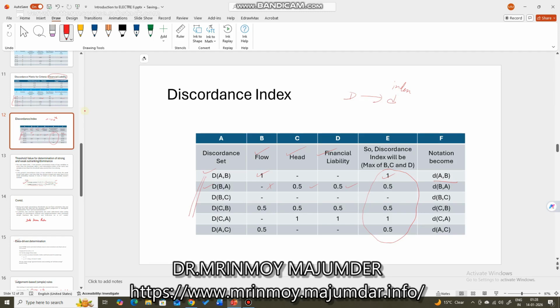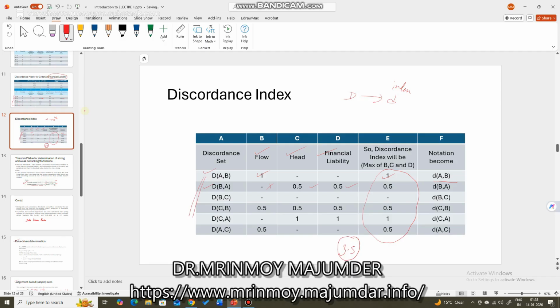And for the judgment based method, they add all the discordance index values. For our case it is 1 plus 0.5 plus 0.5, that is 1, 2, 3, 3.5. Now for our case it is 3.5, and here is the catch.